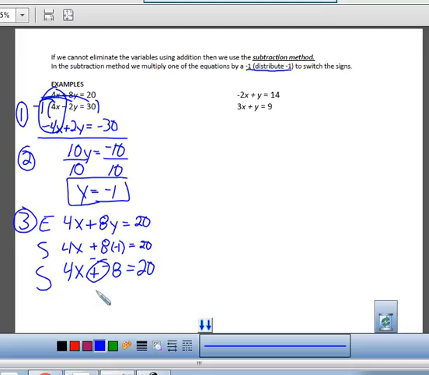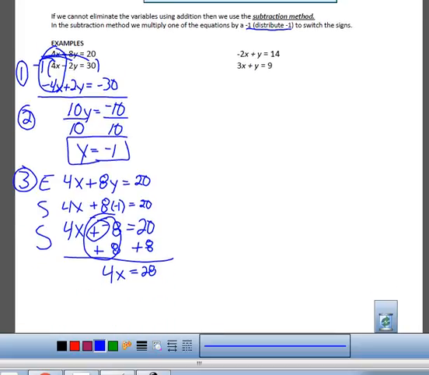So to do the inverse of that, I'm going to add 8 to both sides of this equation. So this becomes 0. I have 4x equals 28. Divide by 4. And x equals 7. So I have found both variables.